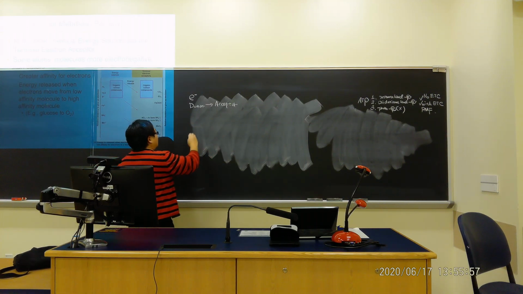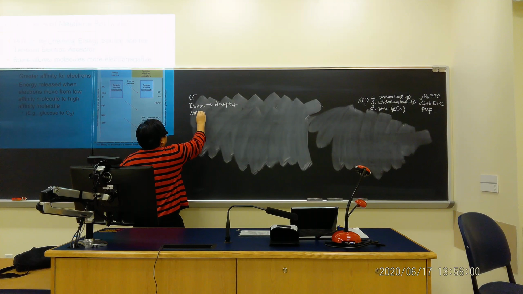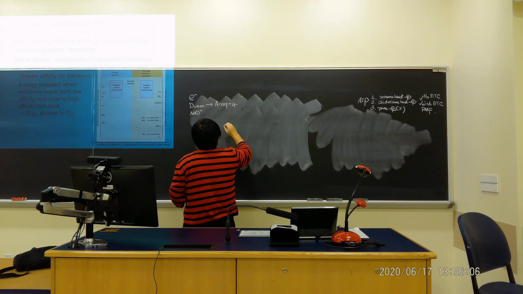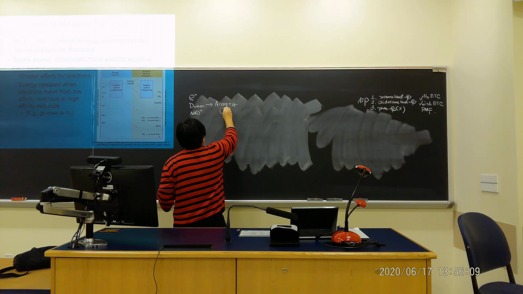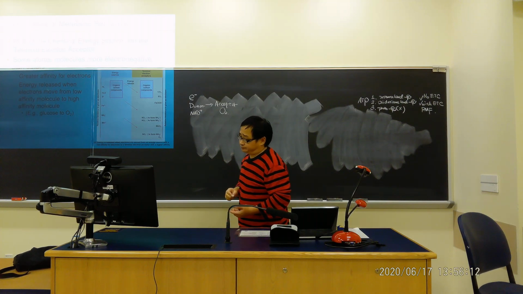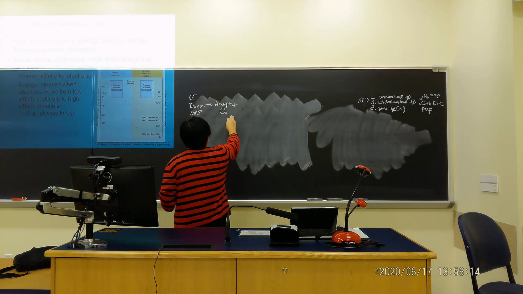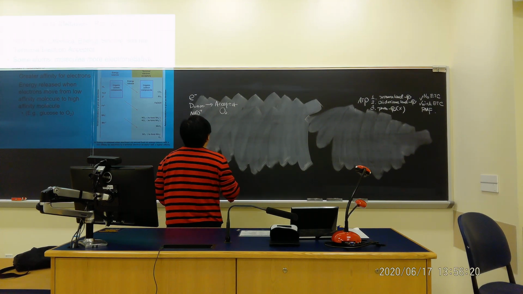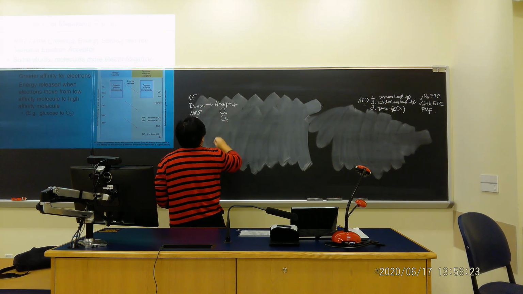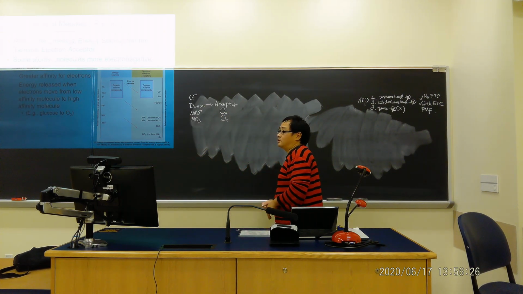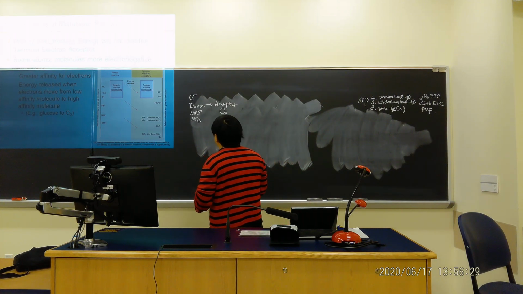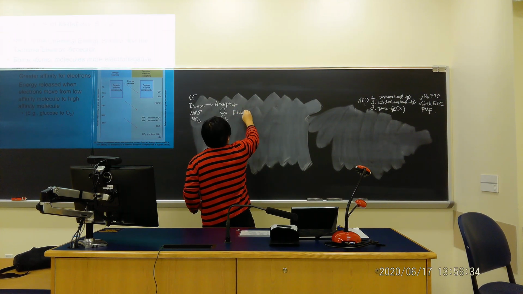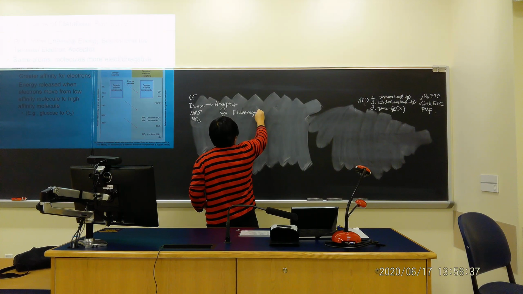For example, we know NAD plus is a good electron donor, and oxygen is a good electron acceptor. Compared to oxygen, we also know nitrogen is a good electron donor and oxygen is a good electron acceptor. So how do we know about that? It's based on the concept called electronegativity.